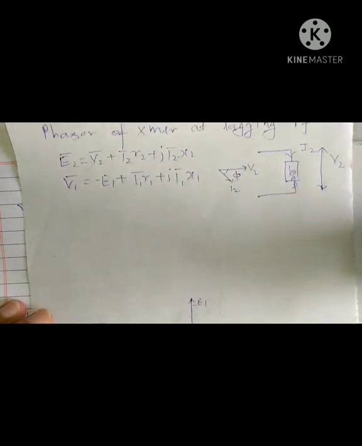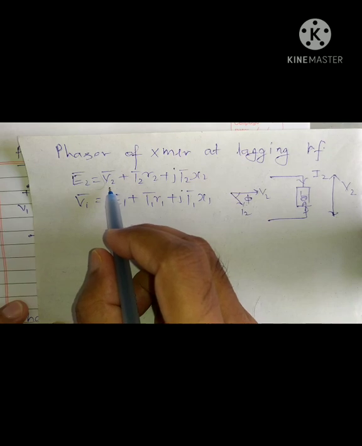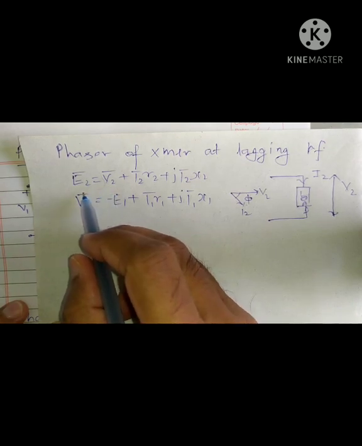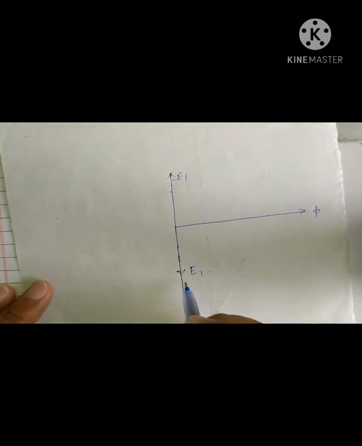We know it. So for E2 and V2 I have to show, and V2 is lagging E2 by an angle less than 90 degrees. So E2 will be here, that will be shown later on.